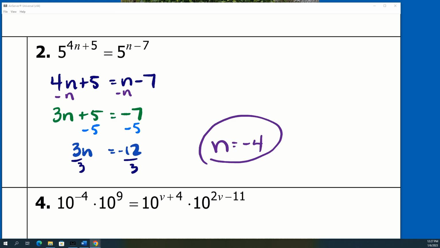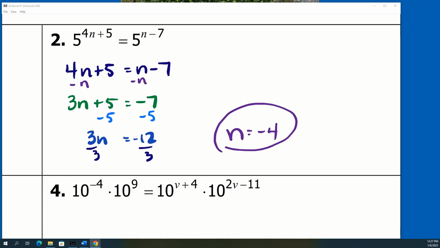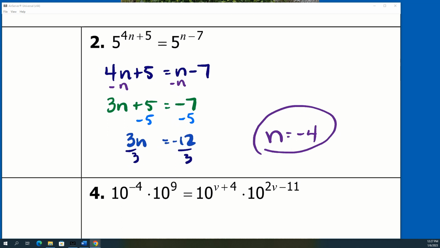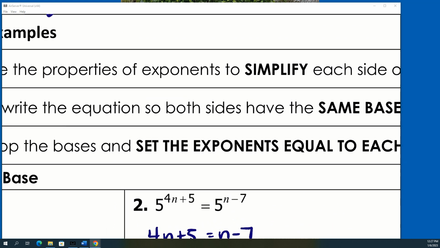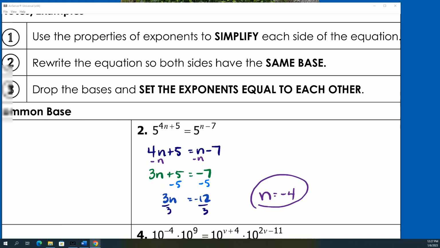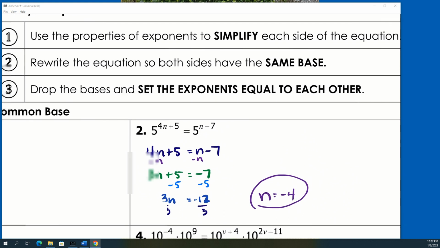Now, the next two there's a little bit more work at the beginning. So we can't drop off the exponents if it's not a situation like 1 and 2, where it's just a number to a power equals that same number to a power. So these two, we're going to have to do that first step where we use the properties to simplify.